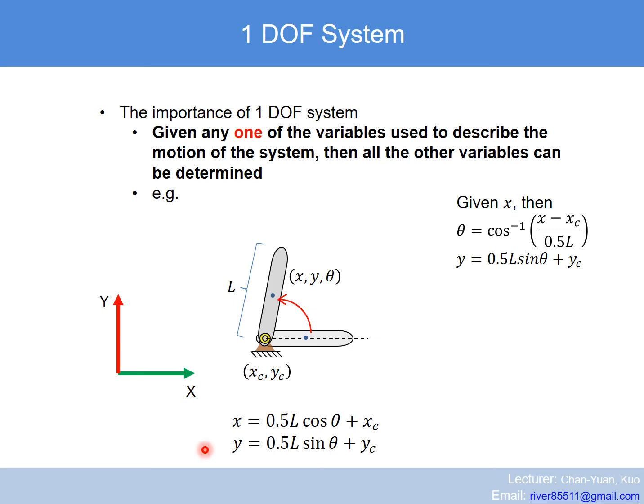With this information, we will be able to determine theta by the equation theta equals cosine inverse of (x minus xc) divided by 0.5L.